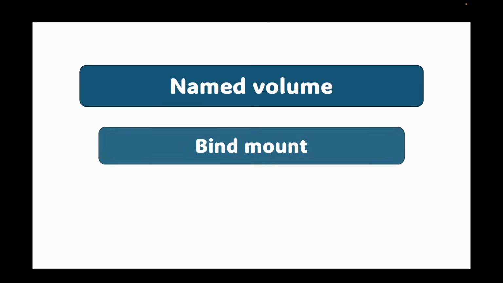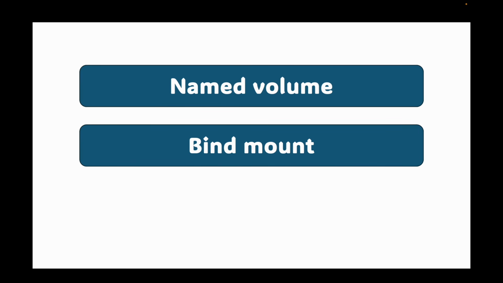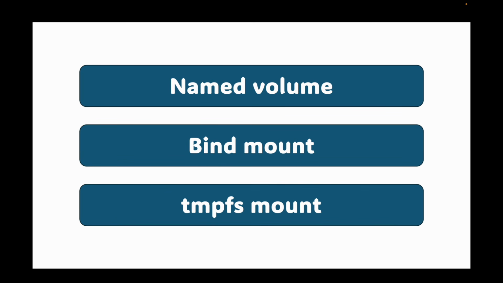Then we have the bind mount, ideal for development, syncs host directories with containers for instant feedback, tied to a specific host path. And then you have the tmpfs mount, best for sensitive temporary data, stored only in memory and vanishes when the container is stopped. This is great for secrets and caches. Each has its own purpose, and now you know how to use all three effectively in your Docker projects.